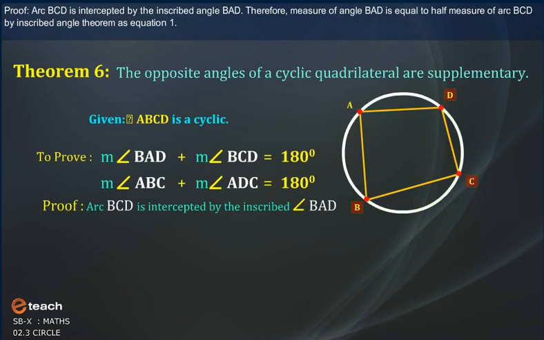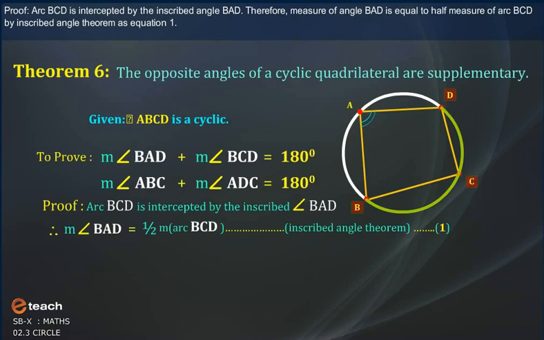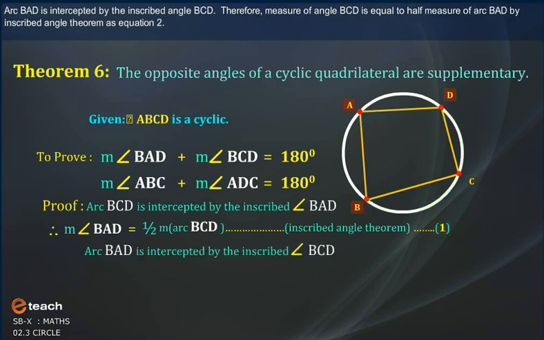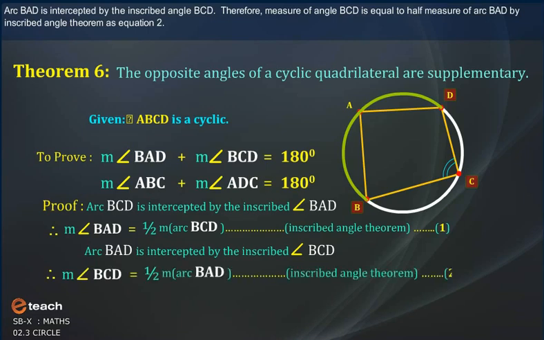Proof. Arc BCD is intercepted by the inscribed angle BAD. Therefore, measure of angle BAD is equal to half measure of arc BCD by inscribed angle theorem, as equation 1. Arc BAD is intercepted by the inscribed angle BCD. Therefore, measure of angle BCD is equal to half measure of arc BAD by inscribed angle theorem, as equation 2.